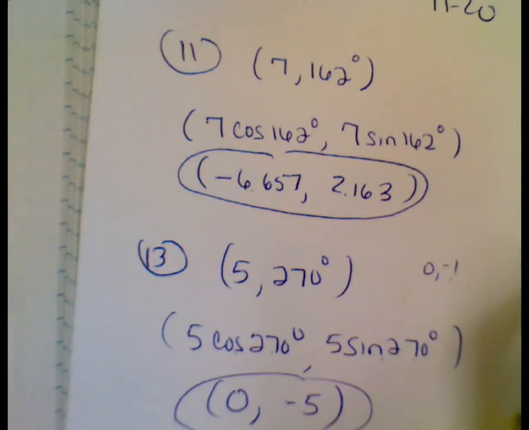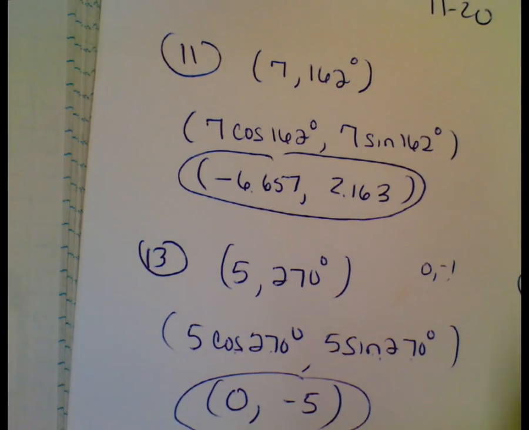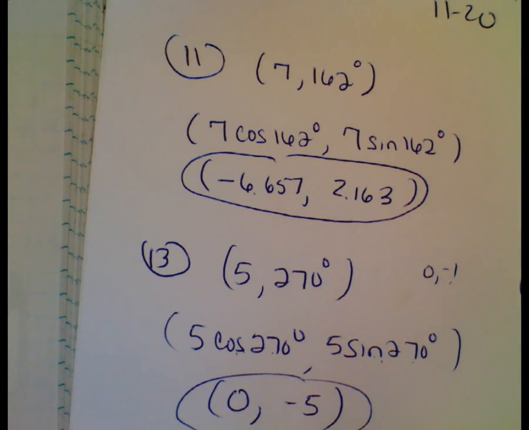So 14, we have negative 6 and 45. So we have negative 6 cosine of 45, negative 6 sine of 45. So it's negative 6 radical 2 over 2, and it's negative 6 radical 2 over 2, because it's the same thing. So this would be negative 3 radical 2 and negative 3 radical 2 if I wanted exact answers.